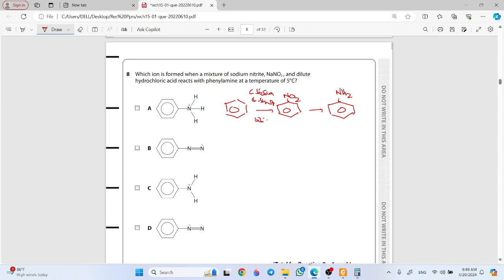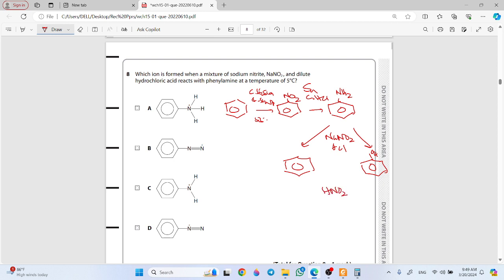So that means we have to use a reducing agent. What are those, children? Do you remember that? Tin and conc HCl. Then this one we can convert into either diazonium salt or else phenol, depending on the temperature. But in both cases we have to use NaNO2 and HCl. When NaNO2 reacts with HCl, children, it forms HNO2, nitrous acid.